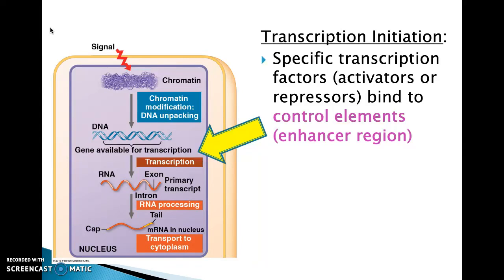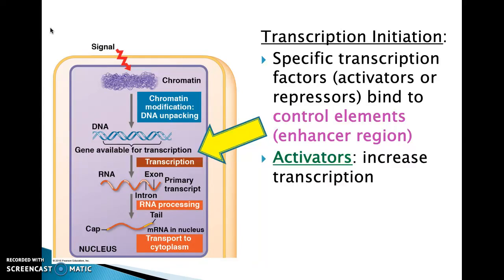Control elements are pieces or segments of DNA that are non-coding. So specific nucleotide sequences where proteins are actually going to bind. And that's going to serve a certain purpose in a few minutes on a different slide.